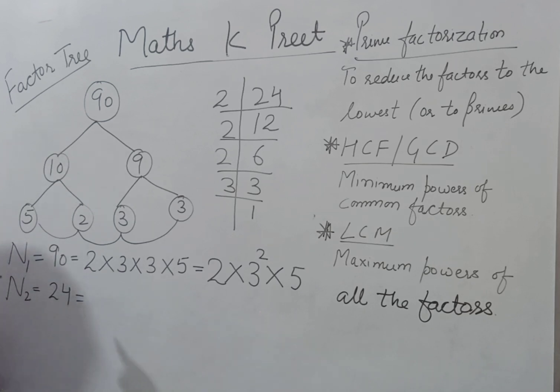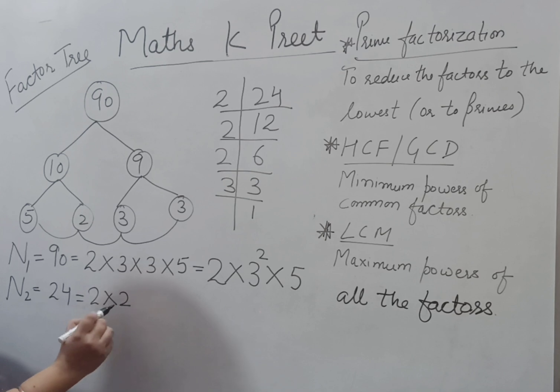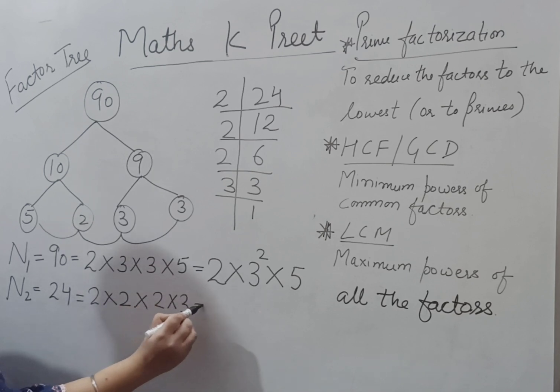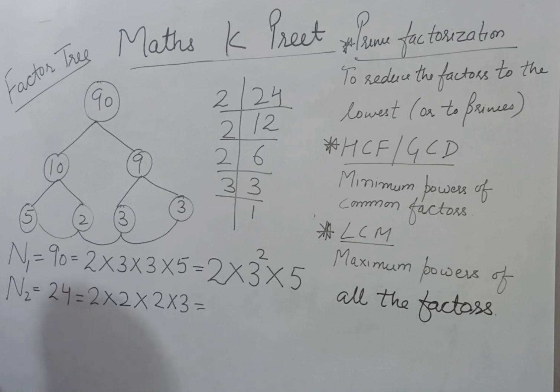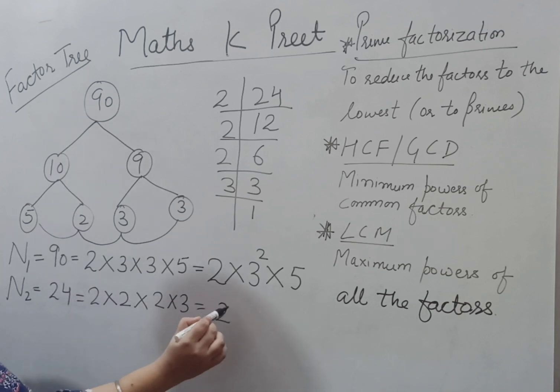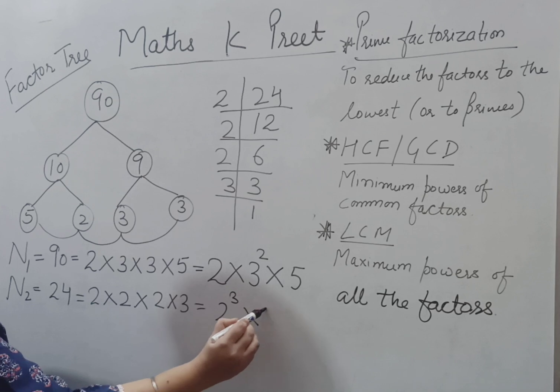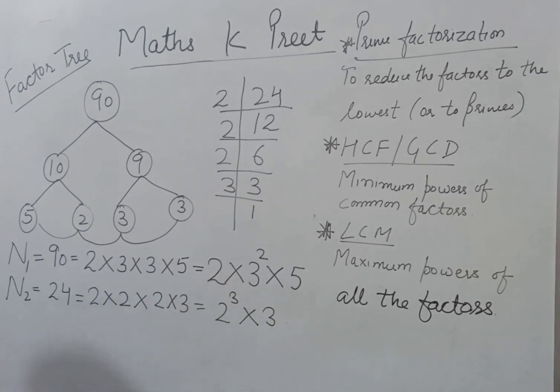So this is the second method, the division method, to perform the prime factorization of any number. We can write it like this, and in power terms we can write it as 2 into 2 into 2 will be 2 cube, into 3. So this is all about the prime factorization of a number.